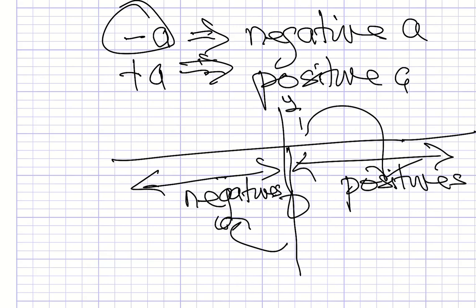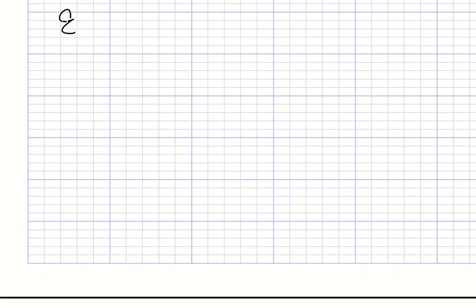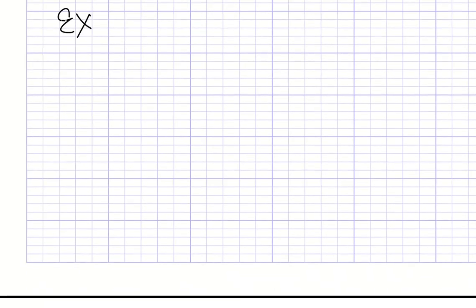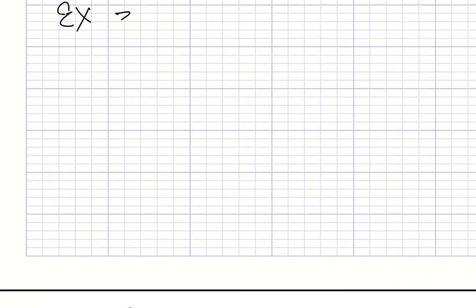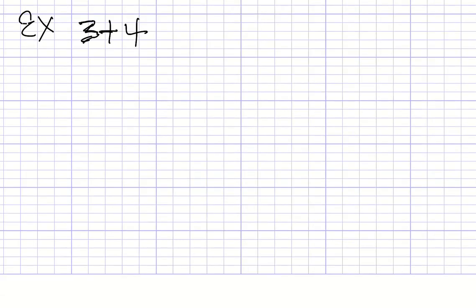Let me give you some examples of how you can use the Cartesian coordinate to explain addition, subtraction, and stuff like that. Say they ask you to add 3 and 4, 3 plus 4. First, you draw the segment of the Cartesian coordinate that you need.